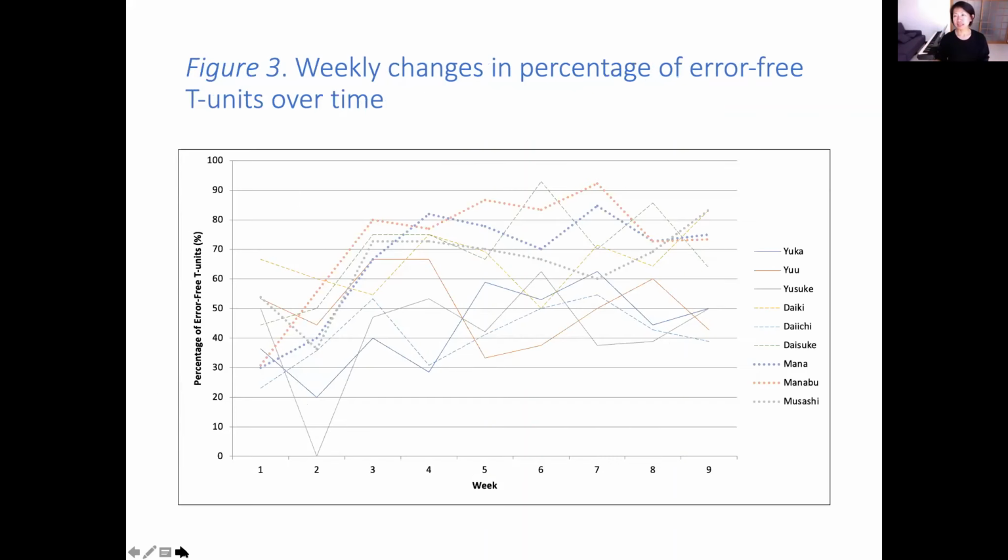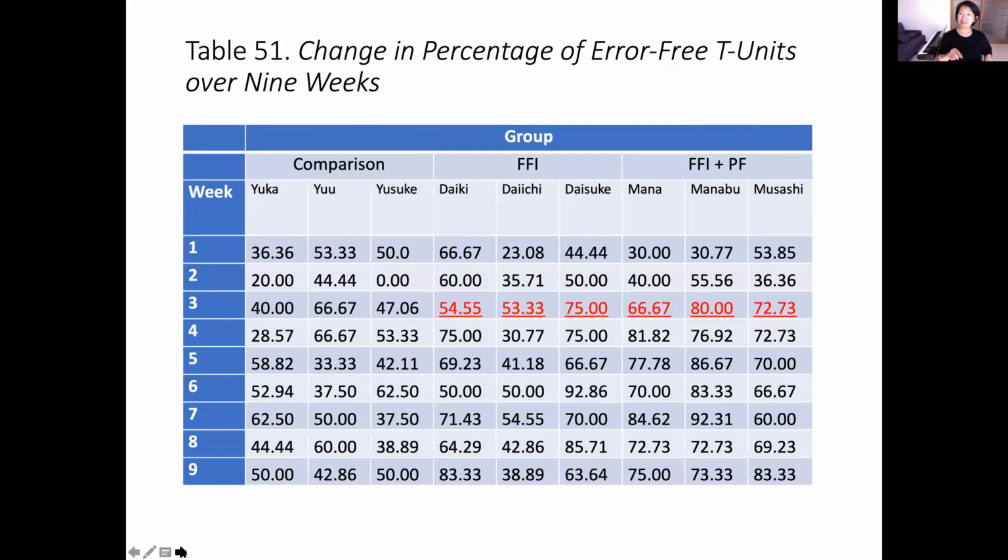So these are the changes in the participants throughout the weeks. It's a little bit messy, but you can see that there are some changes. This table will make it easier to comprehend the differences. My focus was grammatical accuracy. I wanted to know if there would be differences in grammatical accuracy.